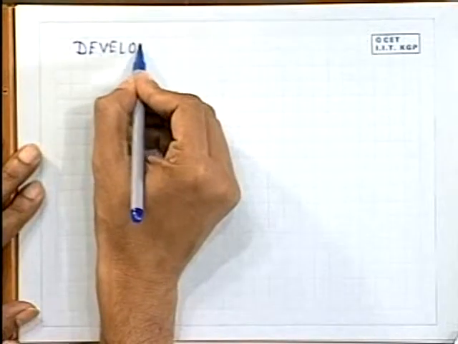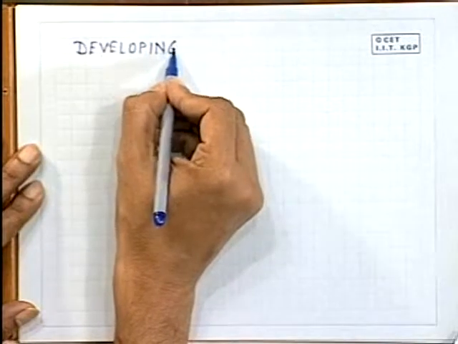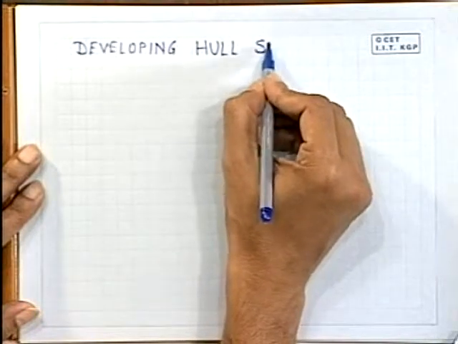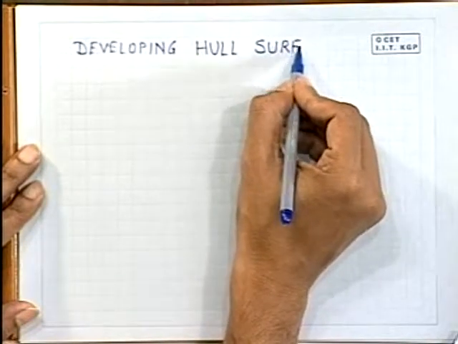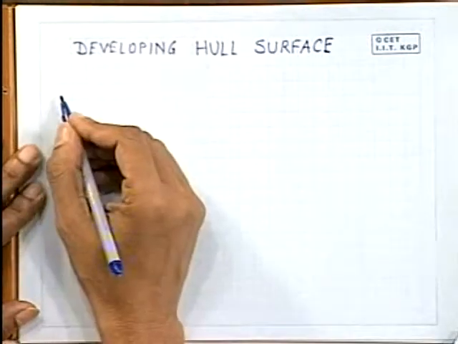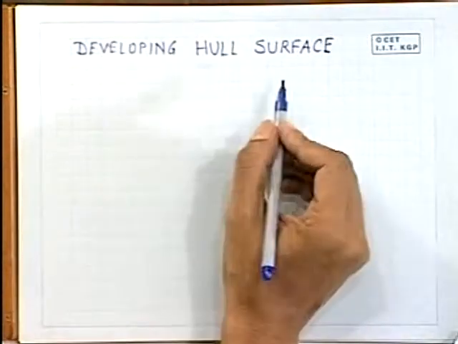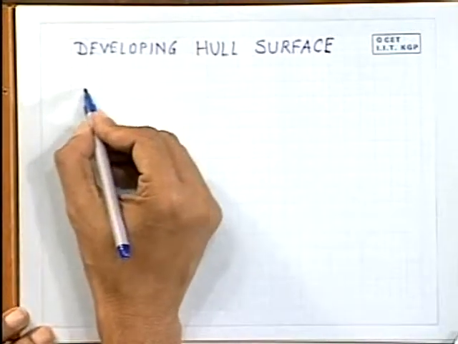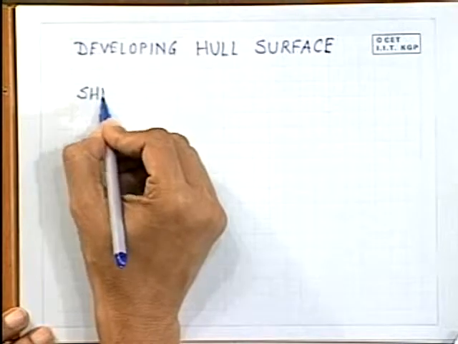This is called developing the hull surface. The frames are bent to the curvature, but the hull surface will normally consist of plates or shell plating. Now this shell plating has to be developed.